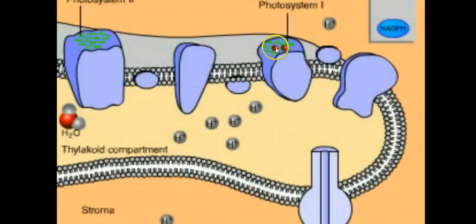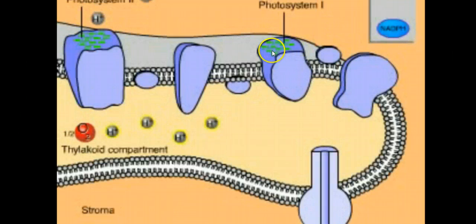So the electron now has lost energy, so it will be passed along to photosystem 1 after going through this first electron transport system. And that's showing you the source of those electrons. Okay. And in photosystem 1, light energy should energize the reaction center.